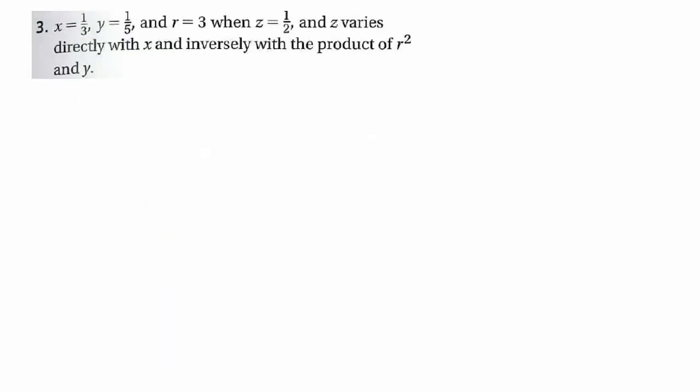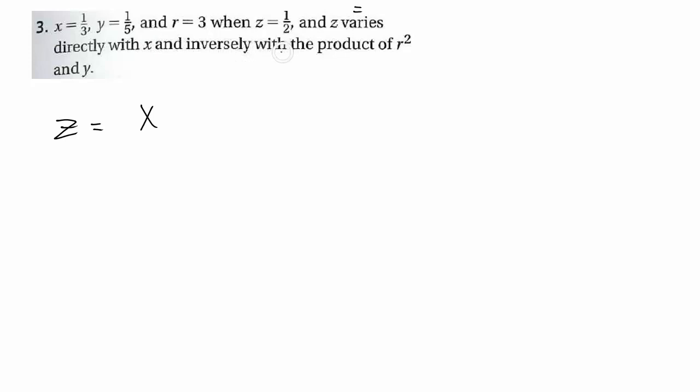For number 3, before I enter the values in, I want to put my model. So z varies, and pretty much anytime you see varies, that's kind of the equal sign, if you've noticed the pattern so far. So z is equal to, and then we have all that information. They say it's directly with x. So that means the x is going to go on top, part of the numerator.